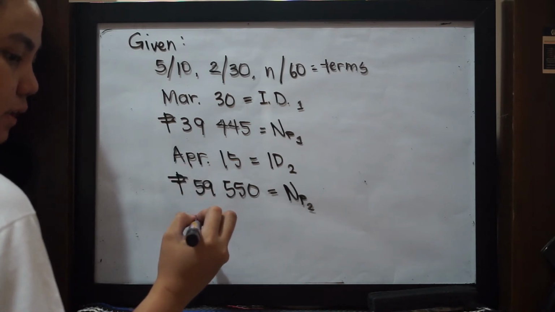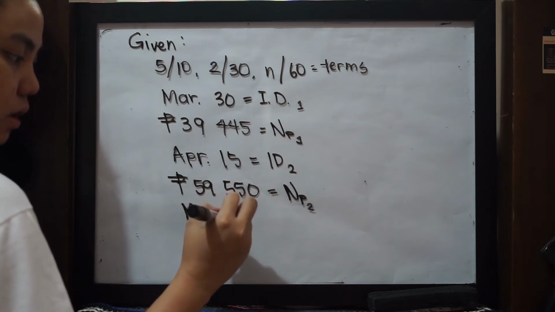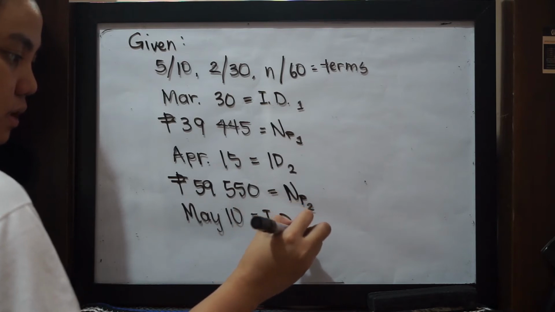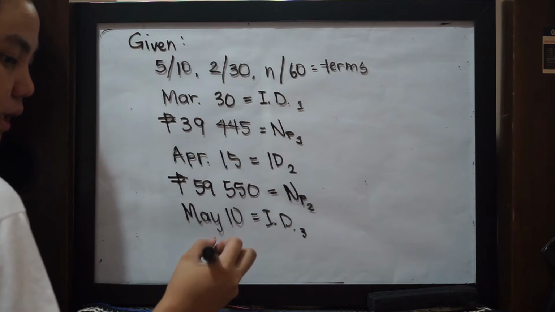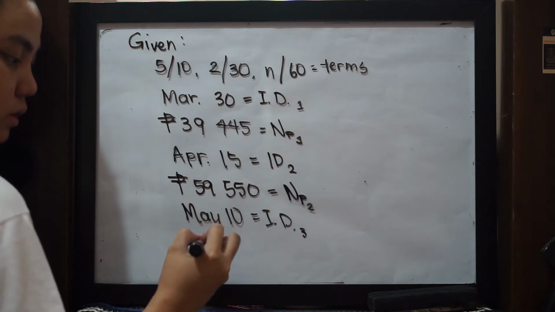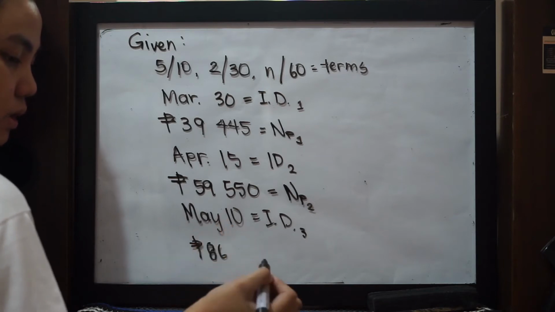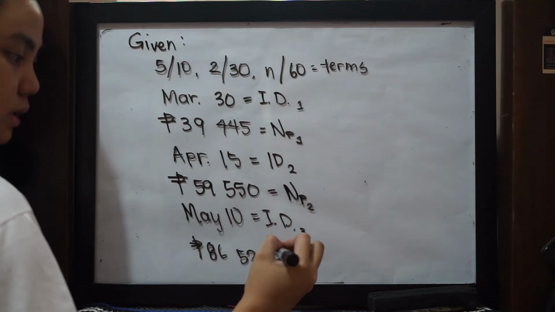Next, for the third invoice, we have May 10, which is the invoice date sub 3, since this is for the third invoice, and the net price sub 3 is equivalent to 86,520.